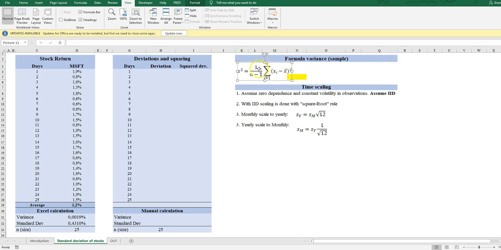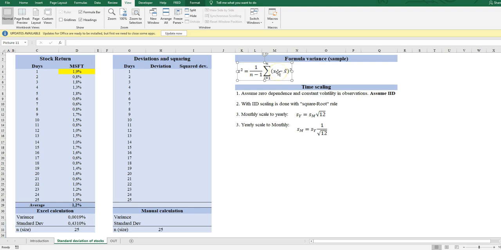And on the right hand side here we have a large sigma, Greek large sigma, which means mathematically that we sum over, and in this case we sum over the observations from 1 to n, and in the case with our time series we sum from 1 to 25, and in that summing we do for each i, that is for each observation, each day in this case, the following.